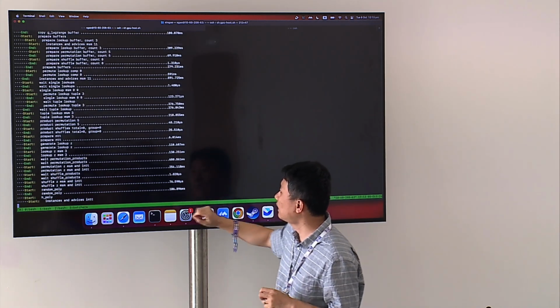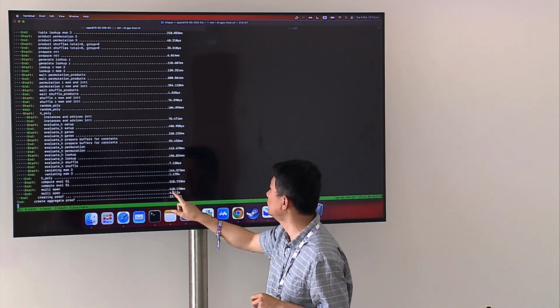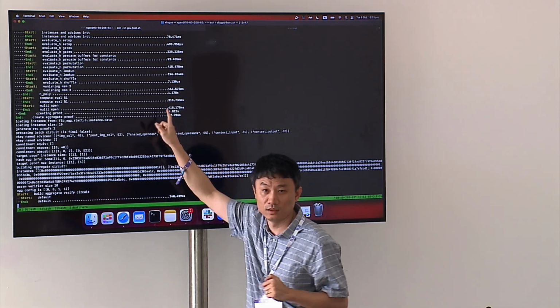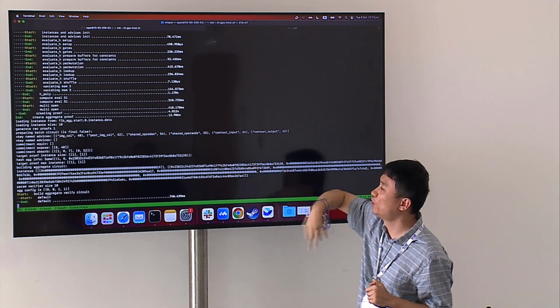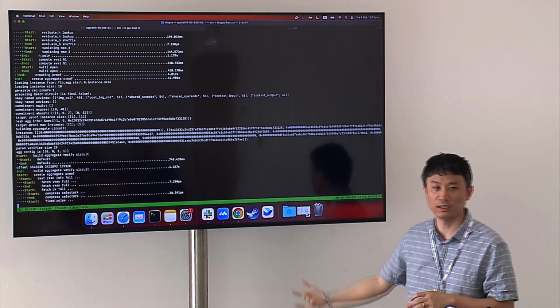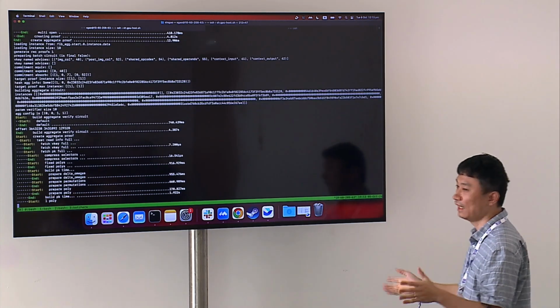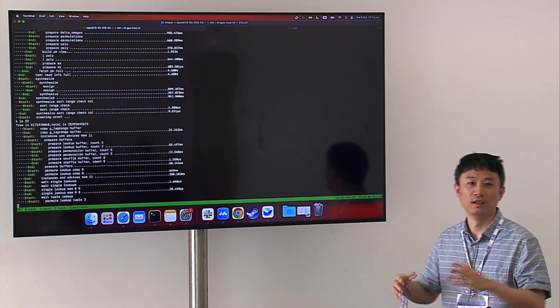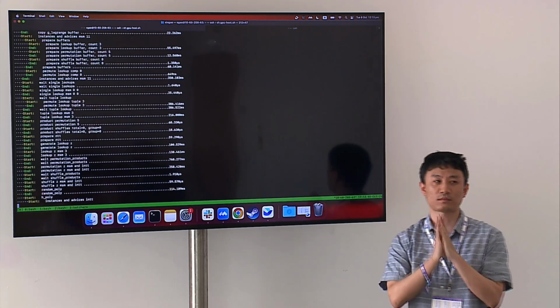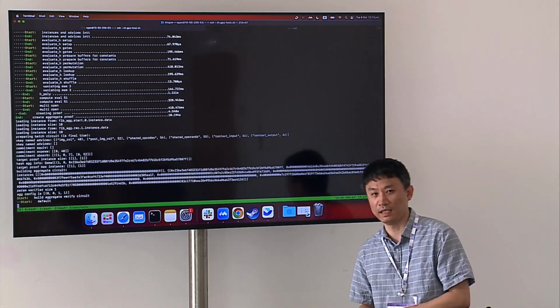So what you know is that every round takes a few seconds, about 4 seconds, to do a recursion, and then you just repeat this process so that in the end you get a fully batched proof from beginning to end.